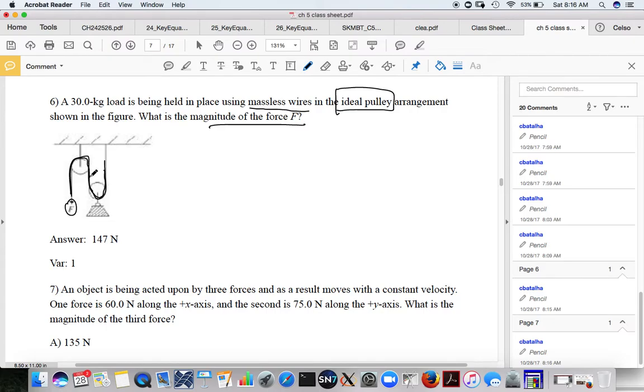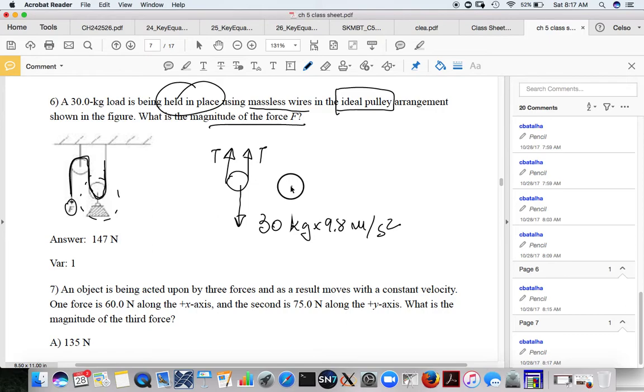So if you take this part of the system out, here's the pulley, you have a mass which is 30 kilograms. So the weight is 30 kilograms times 9.8 meters per square second. Now, you do have an upward T and an upward T over there, and it's held in place, so it's not moving, meaning the acceleration is zero.